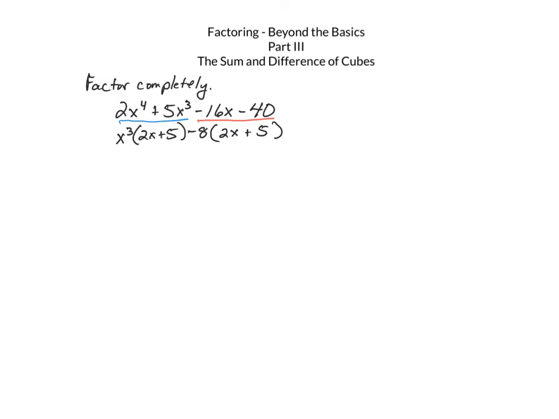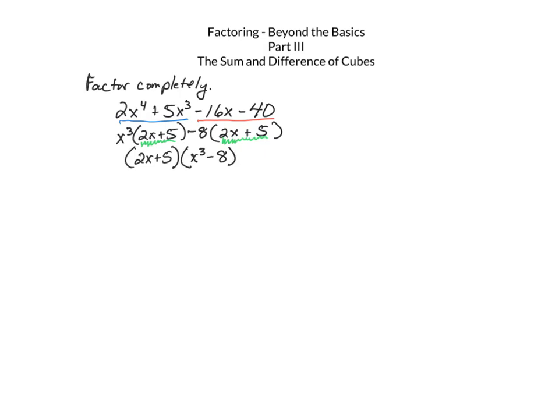You can double check that using your distributive property. But now I can continue factoring by grouping because I have a match. Notice I have a 2x plus 5 and my 2x plus 5. So out comes a 2x plus 5. And then my second factor is x cubed minus 8.